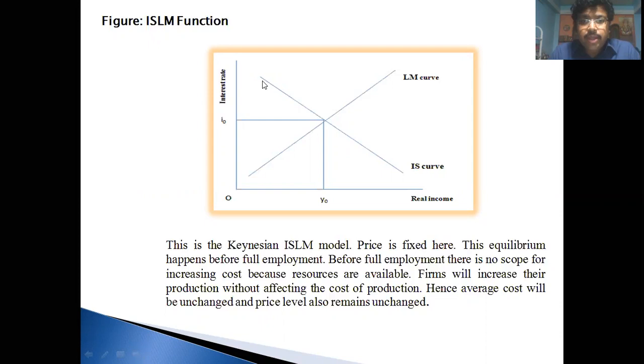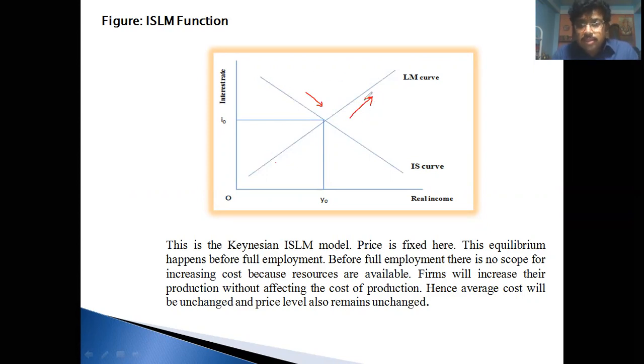In the goods market, we get this IS curve. That is the combinations of interest rate and real income in which the goods market is in equilibrium. We get all those combinations of Y and I. And this is the LM curve. This is nothing but the combinations of real income and interest rate which make the money market in equilibrium.